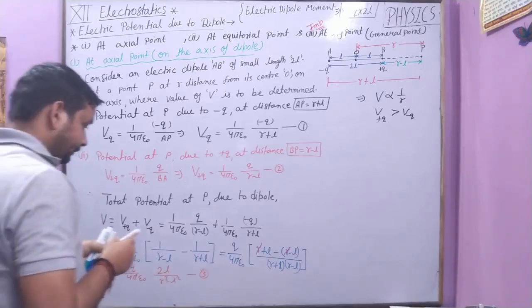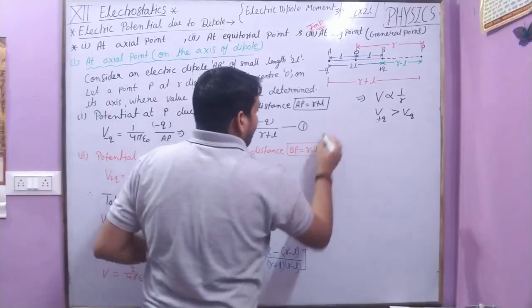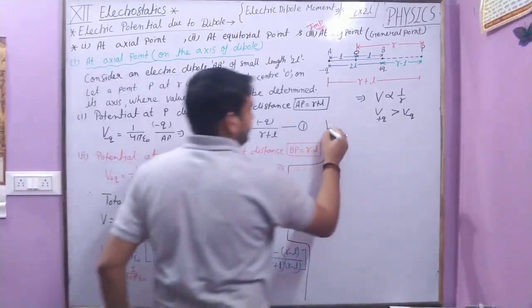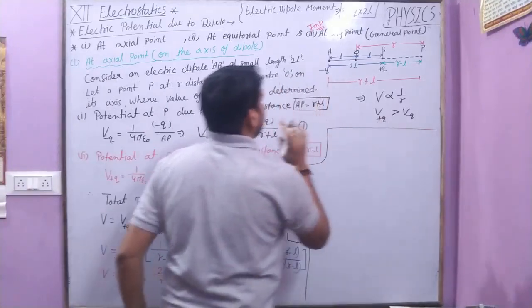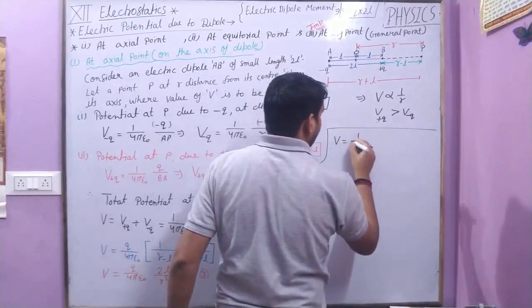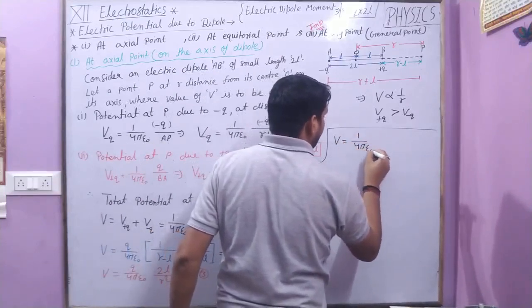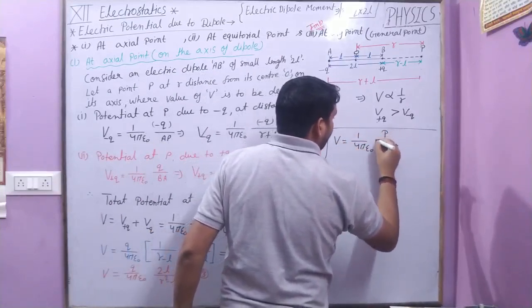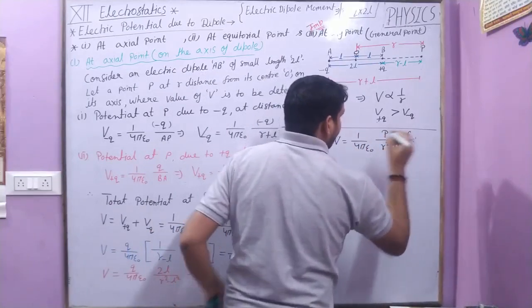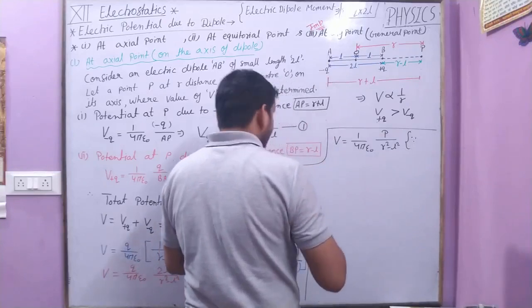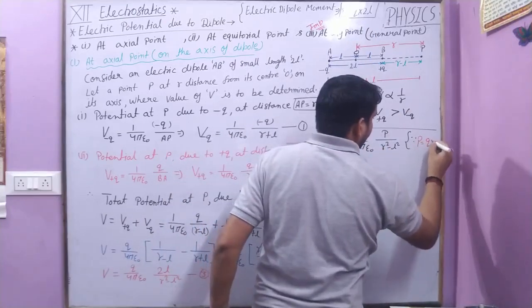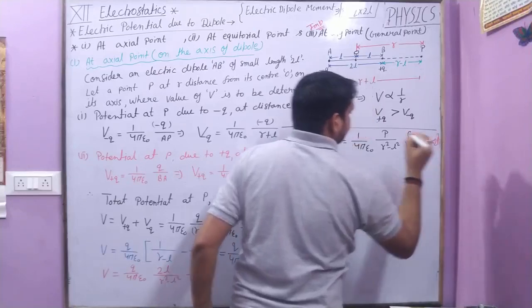Now here we have initially that V is equal to 1 upon 4 pi epsilon naught P upon R square minus L square, where the value of P is Q into 2L.